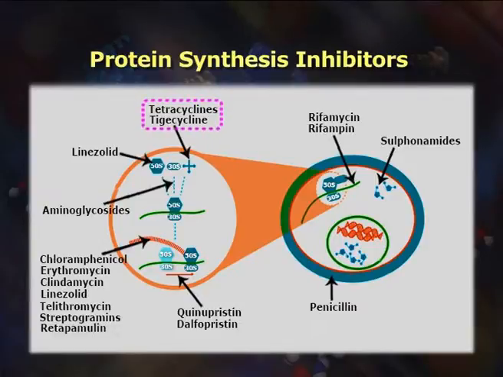Tetracyclines and tigecycline block the A site on the ribosome by preventing the binding of aminoacyl tRNAs. Aminoglycosides interfere with the proofreading process, causing increased rate of error in synthesis with premature termination.